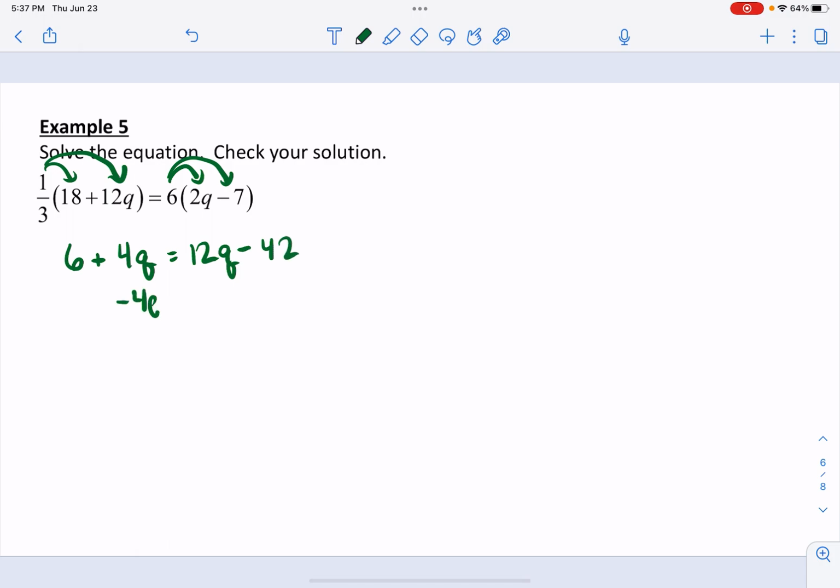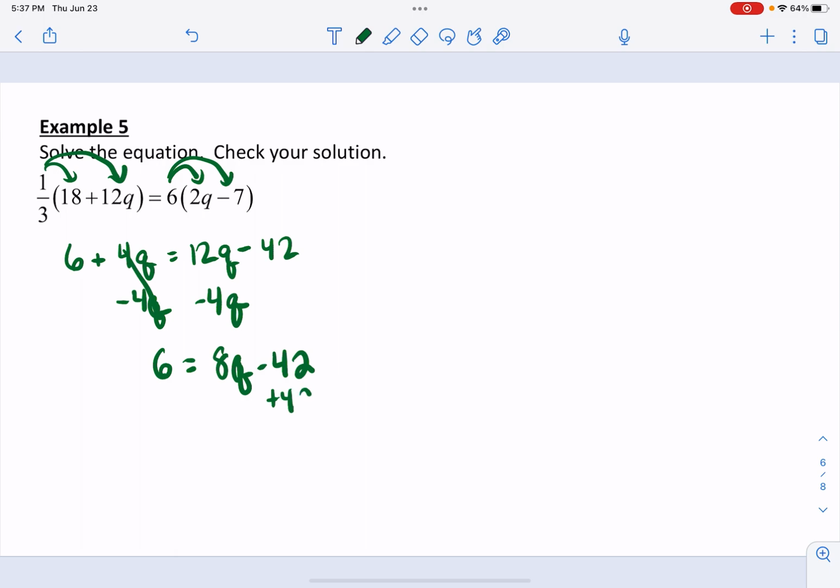I subtract the 4q. And so I'm left with a 6, 12 minus 4 is equal to an 8q minus 42.